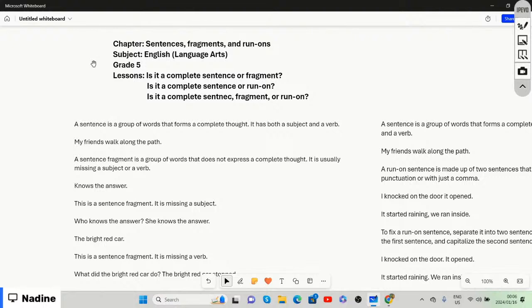Is it a complete sentence or a run-on? Or is it a complete sentence, fragment, or run-on? So that is basically going to be our lessons for today under our chapter of sentences, fragments, and run-ons.